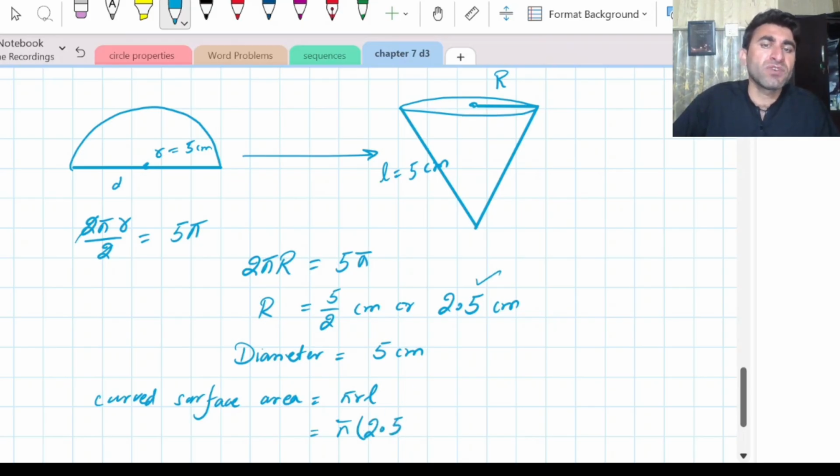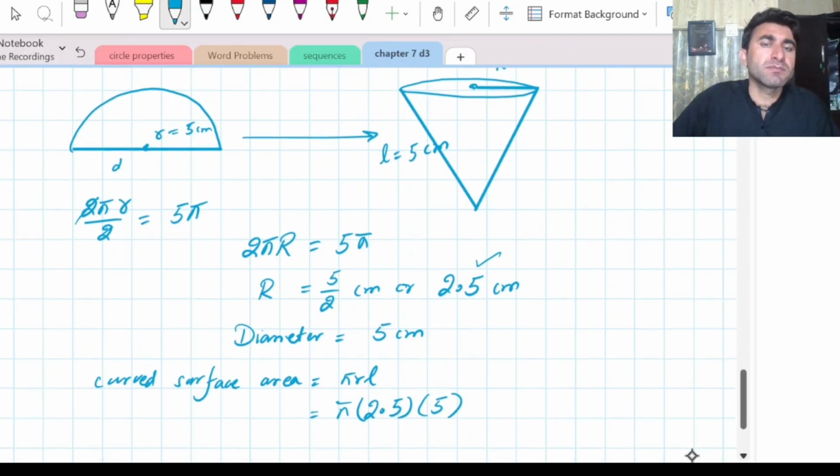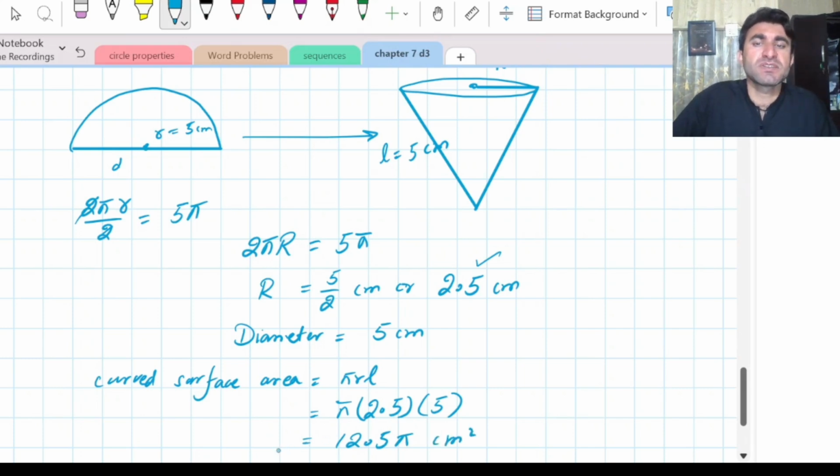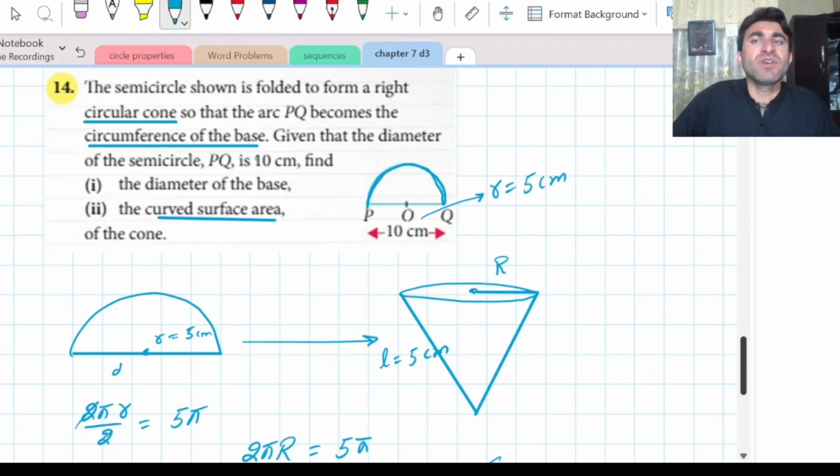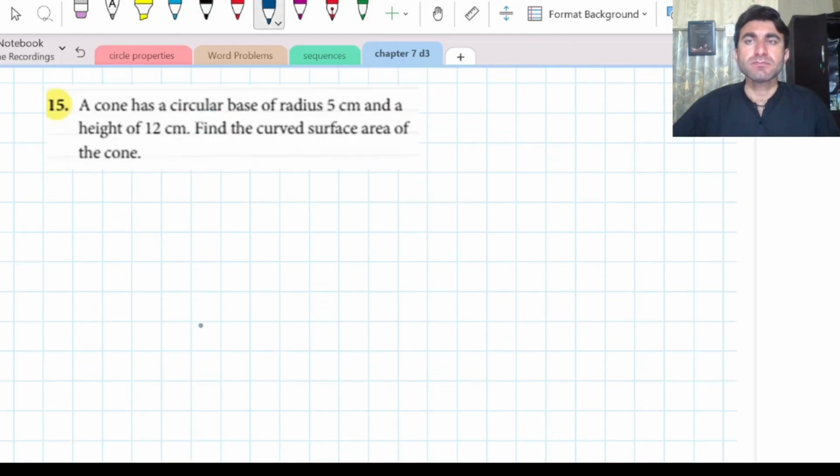So 2.5 times the slant height, which is 5, will become 12.5 pi centimeter squared. So that is the curved surface area of the cone. This was the question number 14, remember. Whenever we fold a sector or a semicircle, it will convert into a cone. So now move to the question number 15.